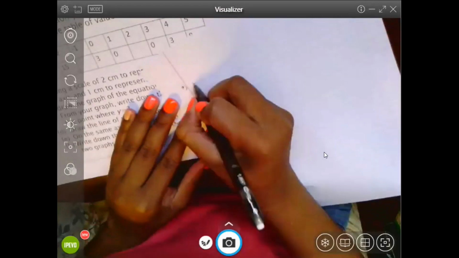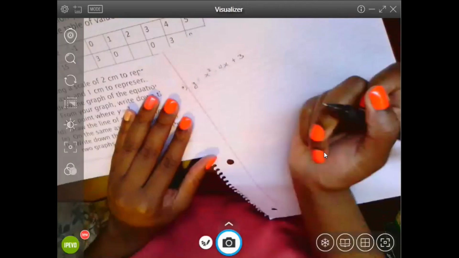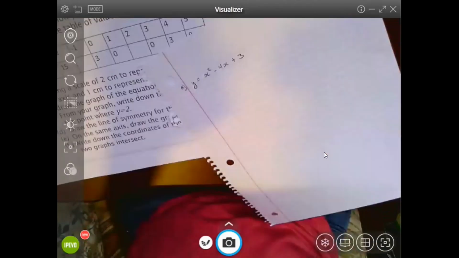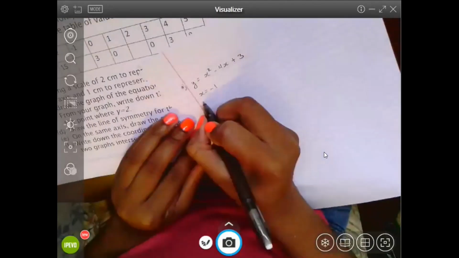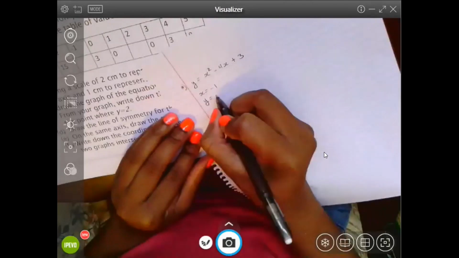I have my function written and I know that I need to find the first two values. So I need to know what happens when x equals -1. So I'm going to substitute: y equals (-1) squared minus 4(-1) plus 3. So all I've done so far is just substitute my x value into the function.